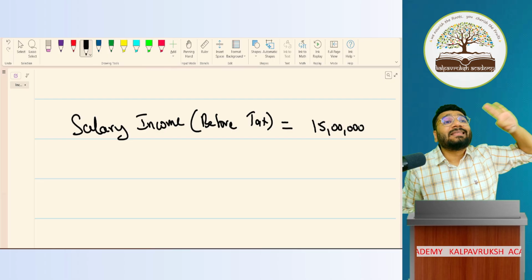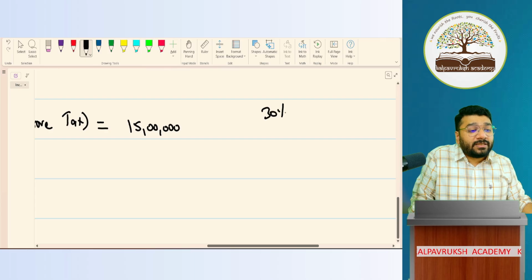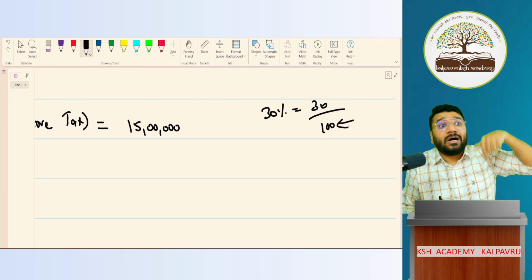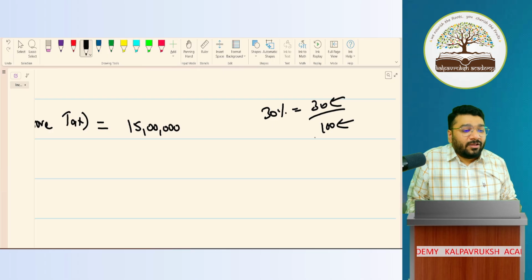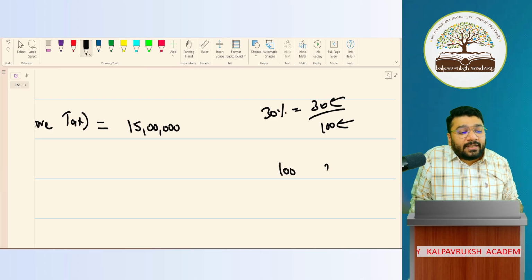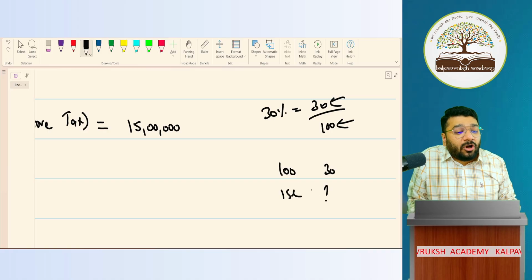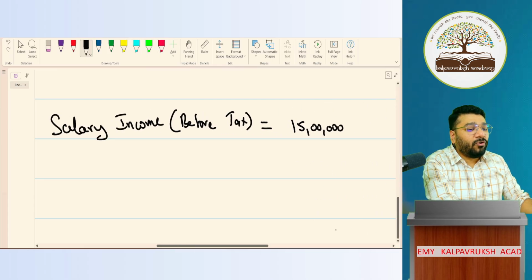What is 30%? 30 by 100 means that for every 100 rupees you earn as income, 30 rupees you have to give to government. Therefore, if I'm earning 15 lakh rupees, how much do I give to government? Cross multiply: 15 lakh into 30 by 100. How much is it? 4 lakh 50,000.